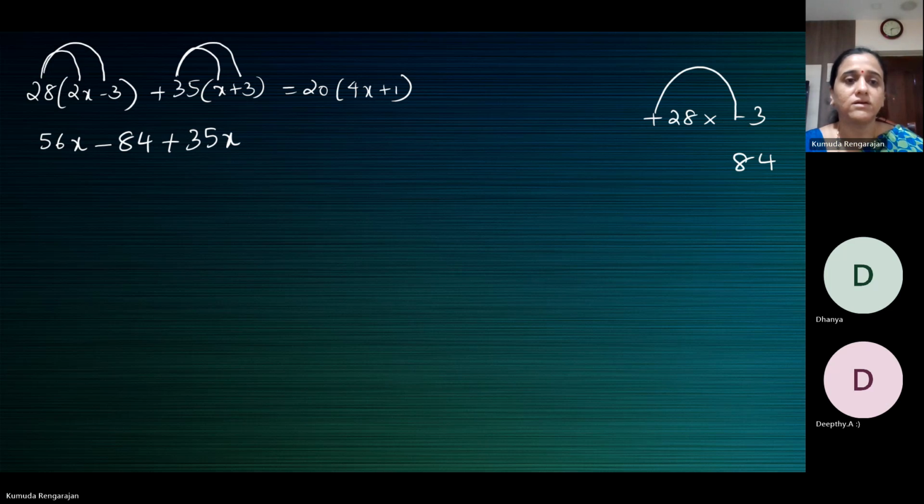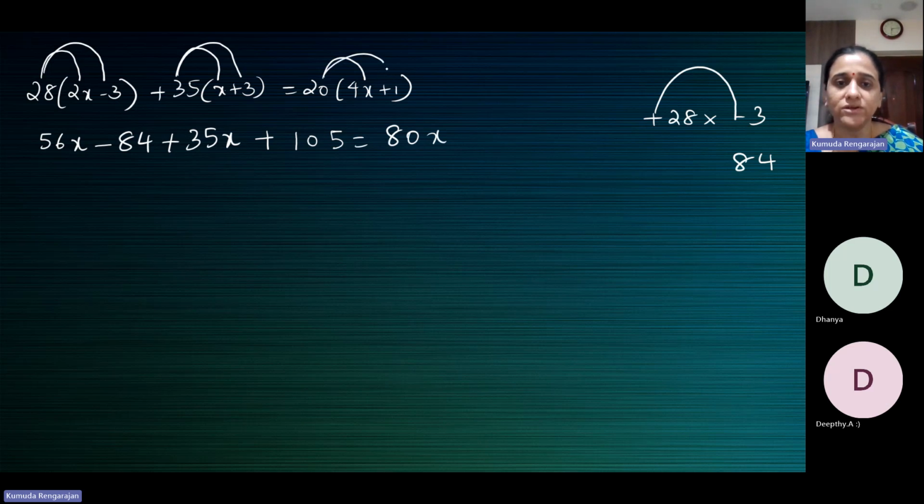Then plus 35 into plus 3. Plus into plus, plus. 35 into 3, 105 is equal to 20 into 4x, 80x. Then 20 into 1. Plus into plus, plus. 20 into 1, 20.